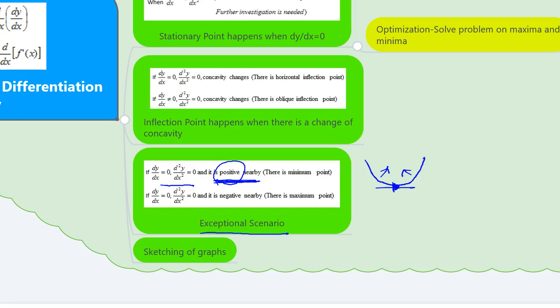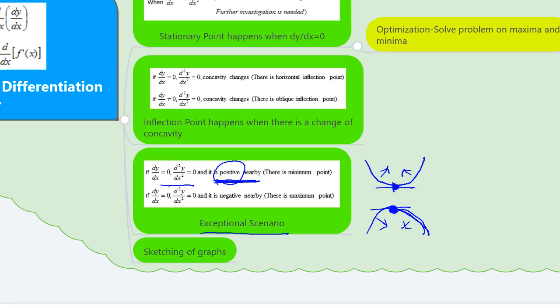Another case is if, after we do the concavity test, we realize that both before and after that point the curve is concave downwards. Then we say that point is a maximum point.